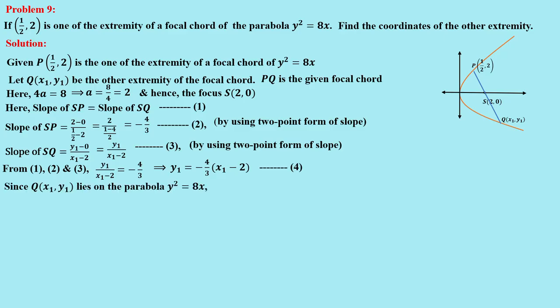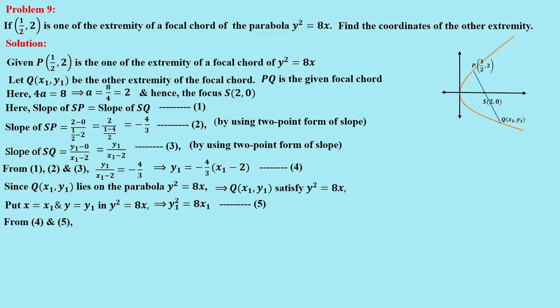Since Q(x1, y1) lies on the parabola y square is equal to 8x, it satisfies the equation of the parabola, right? So substituting x is equal to x1 and y is equal to y1 in the parabola equation y square is equal to 8x, you will get y1 square is equal to 8x1, right? That is equation number 5.